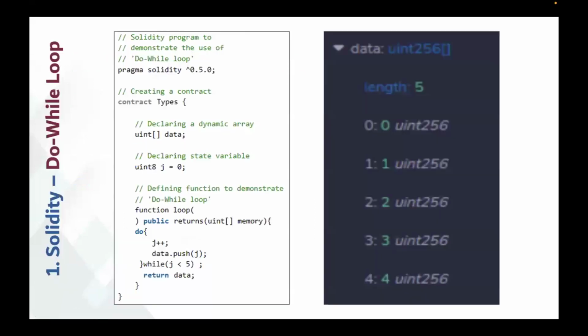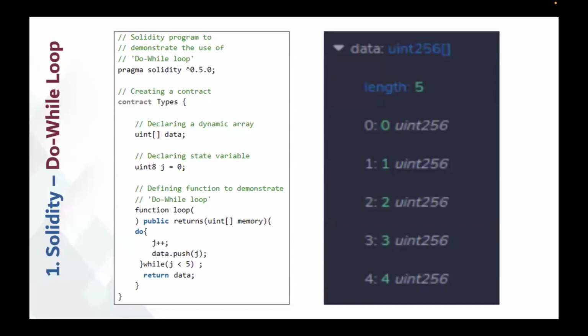Here's an example that demonstrates the usage of the do while loop. We have the same example, which is this contract. We have a dynamic array, a state variable j, and a function, but the loop here will be do while. So what will happen here?